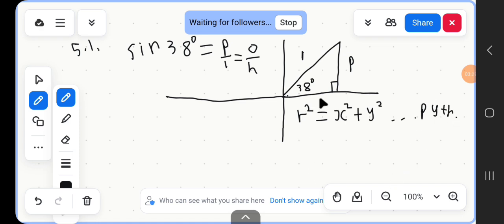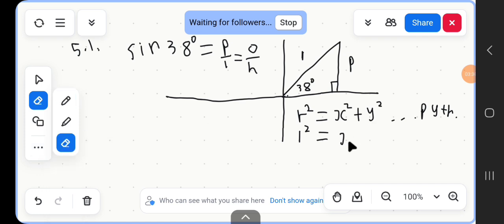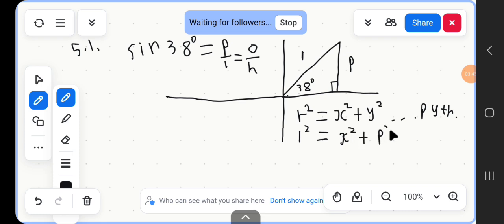So r squared is 1 squared, x squared is this side on the x-axis, and y squared is p squared.